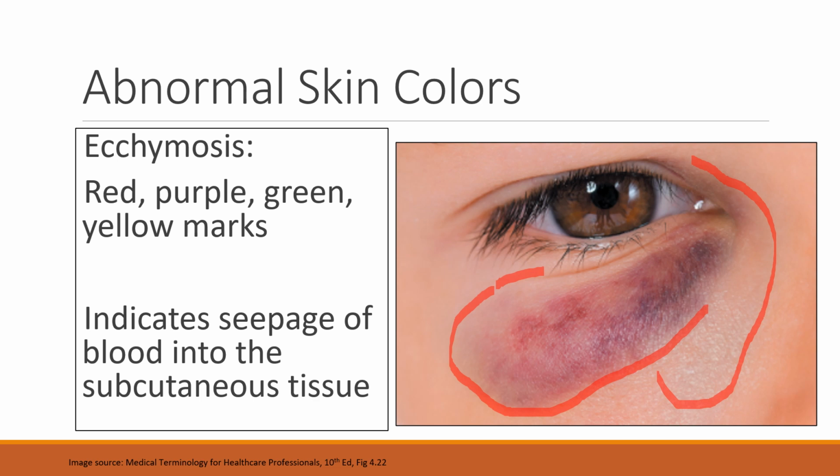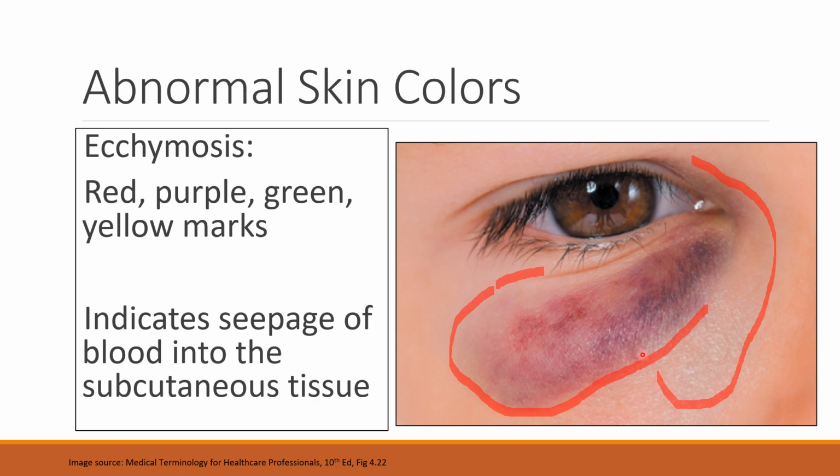But if it's just a simple discoloration of the skin, like in this example, perhaps they were hit, and so maybe this is more of a hematoma. But if you had just a collection of blood, not very tender, not very swollen, you may just call it ecchymosis. It could be various colors, sometimes red, purple, these dark colors.